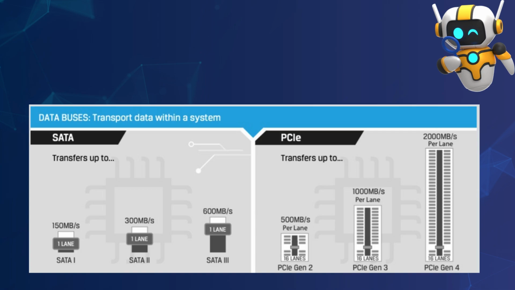PCIe supports up to 4 lanes for storage, allowing incredible scalability and performance, making it ideal for demanding applications like gaming, videos, artificial intelligence, real-time analytics, and high enterprise workloads.